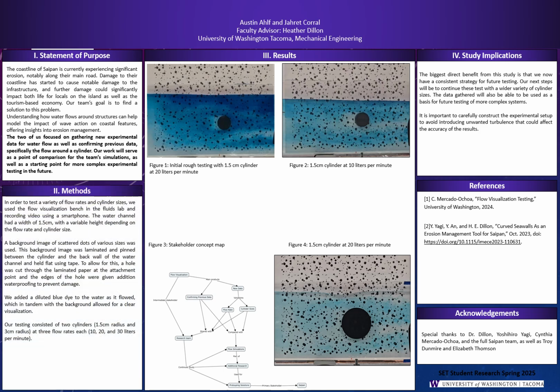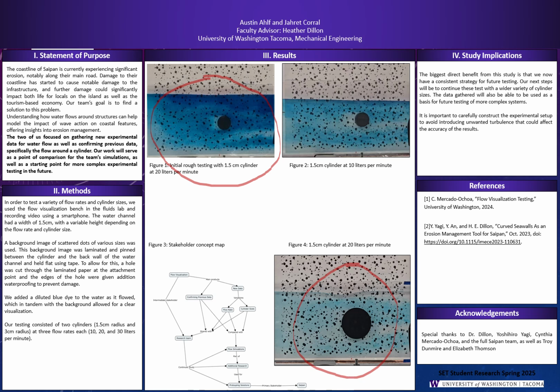Going back to the poster, here we do have a couple more examples of other data we gathered, notably some of the original data we gathered, being this one here, which clearly shows a much thicker usage of the dye, which ended up being a little excessive, as well as this, which should be the 3 centimeter cylinder at 20 liters per minute.